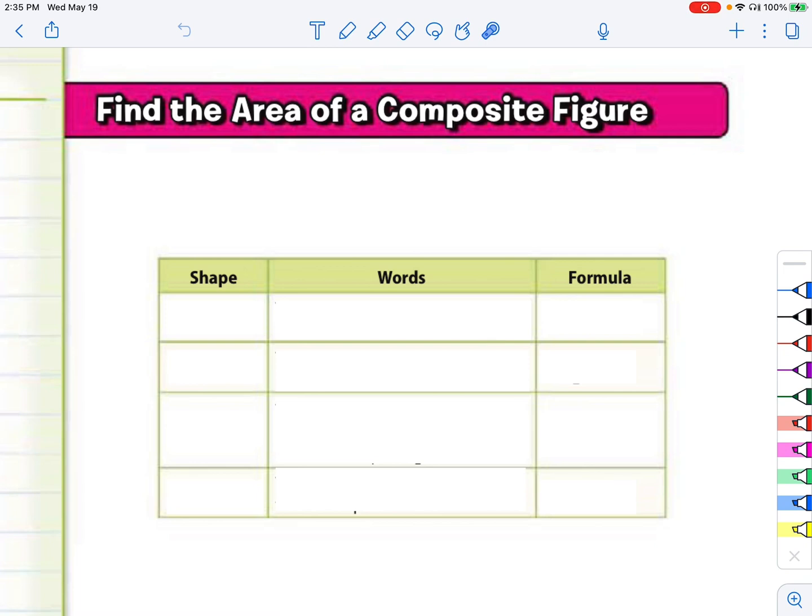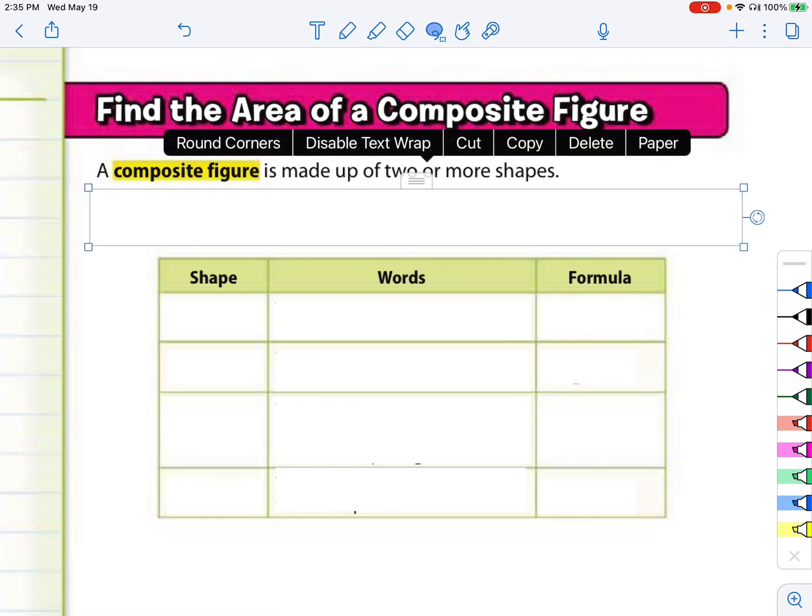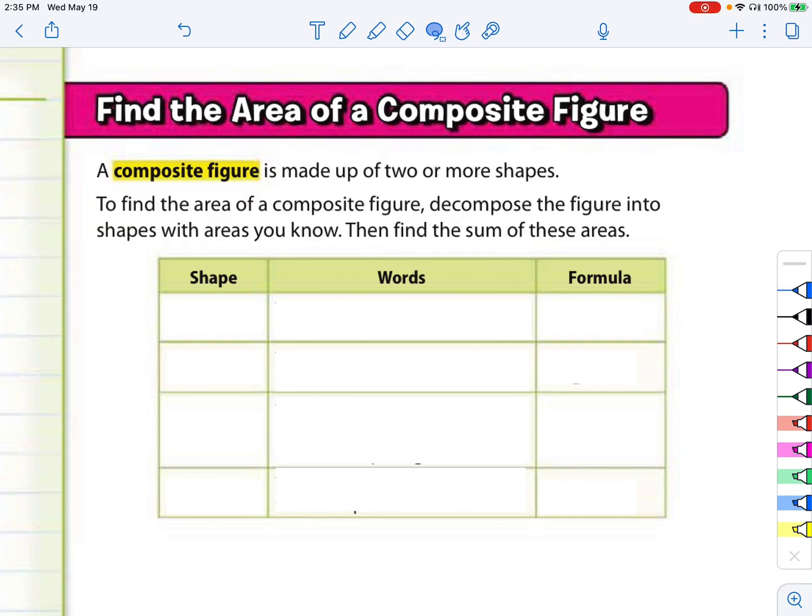The definition of a composite figure is that it is made up of two or more shapes. And when we want to find the area of a composite figure, we decompose the figure into shapes with areas that we already know.